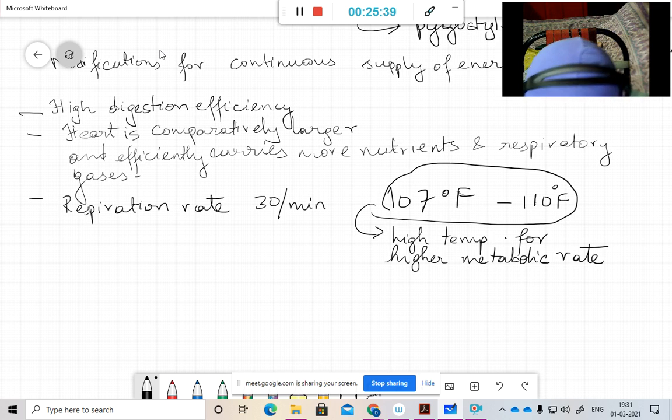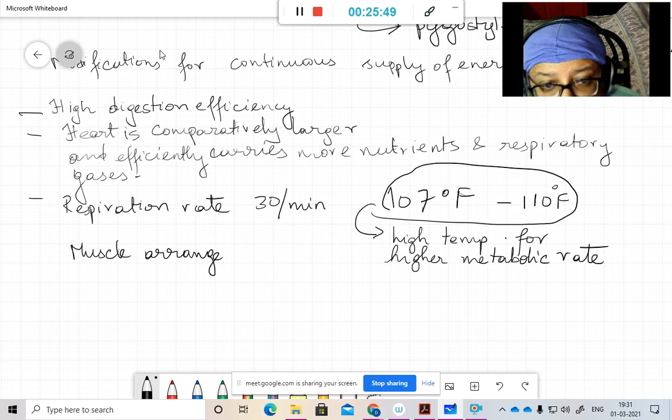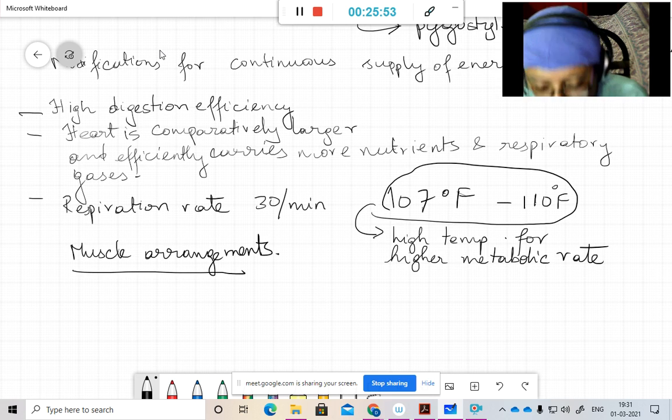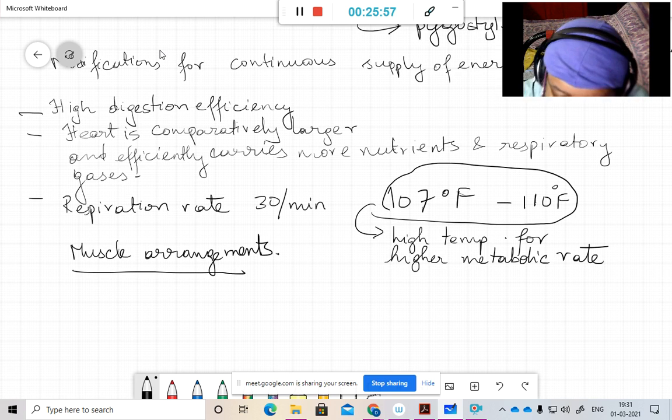So then we come across certain muscle arrangements. So let us now have a look at a picture of a muscle.